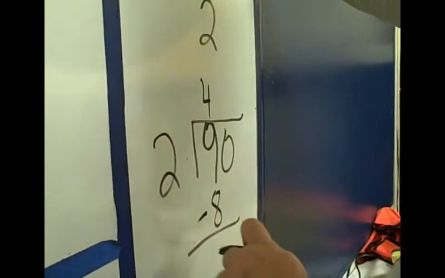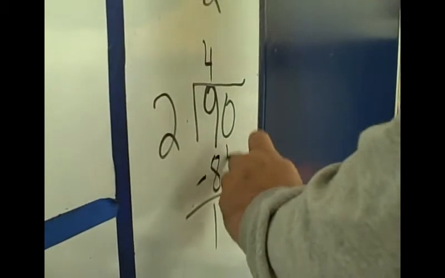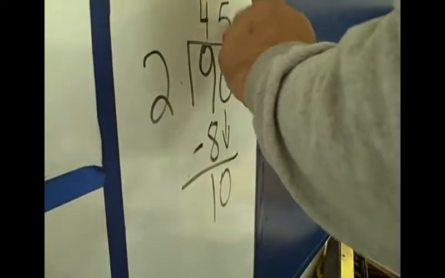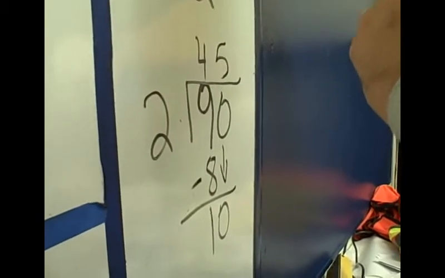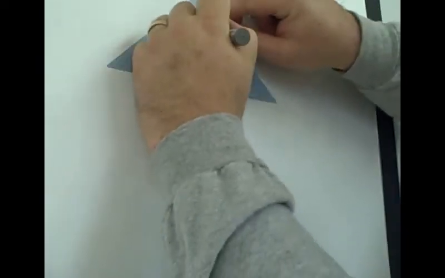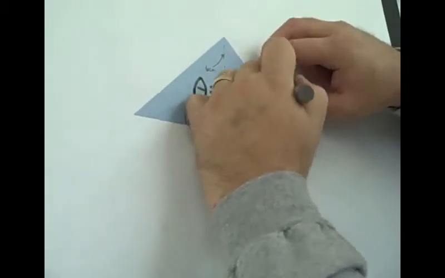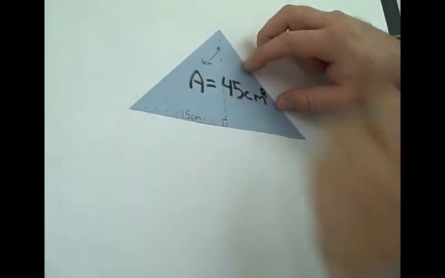Subtract. 9 subtracted from 8 is 1. Drop the 0. And 2 goes into 10 5 times. So, the area of this triangle is 45 centimeters to the second power.